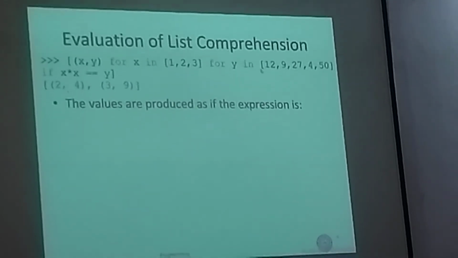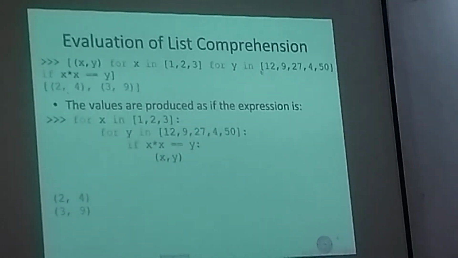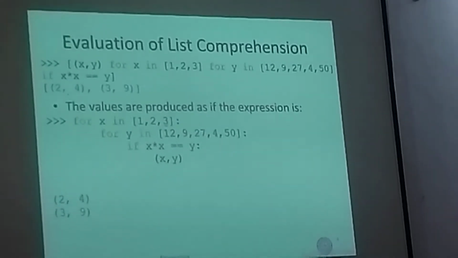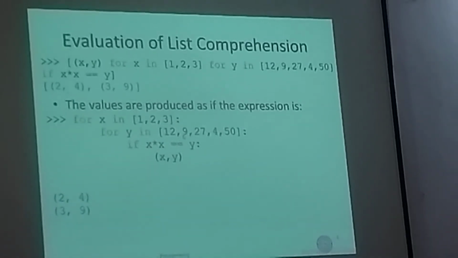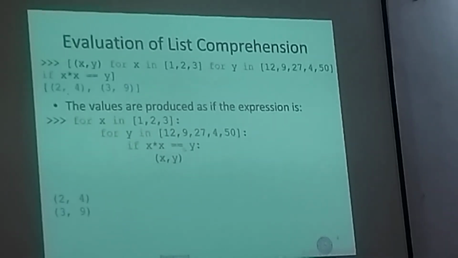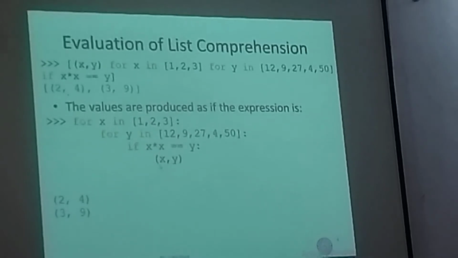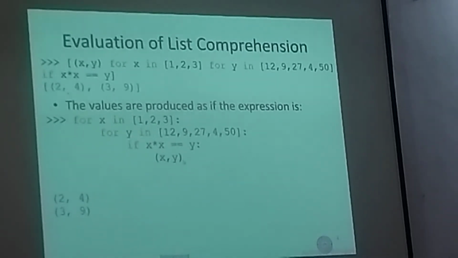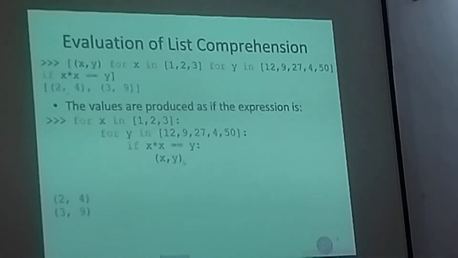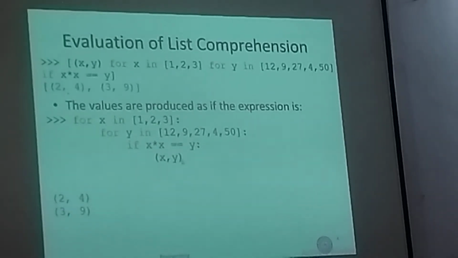So the values are produced as if the expression is for x in 1, 2, 3, for y in 12, 9, 27, 4, 50. If x times x equal to y, then produce the pair x comma y. Note that this is just a simplification to make you understand how this comprehension works. In actual execution, the pair x comma y has to be appended to a list.